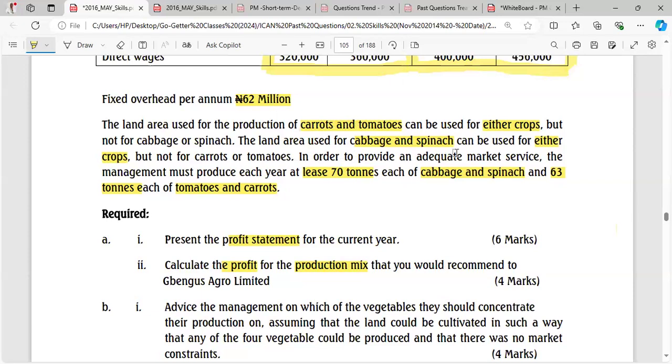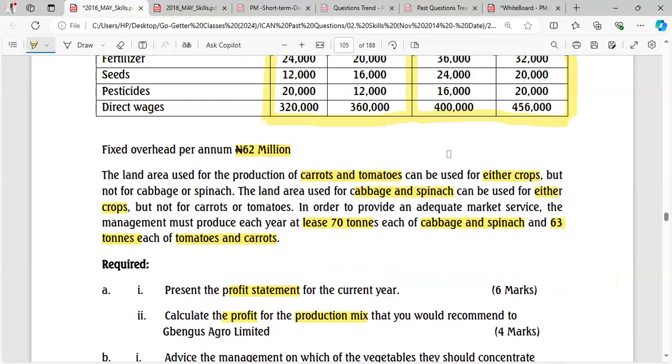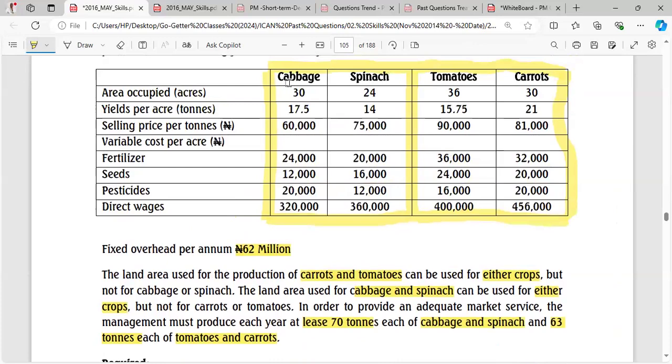Then cabbage and spinach, you can plant either of them in the same place. So now you are going to be looking at this area versus this area. So this cabbage and spinach, which will you rather plant?